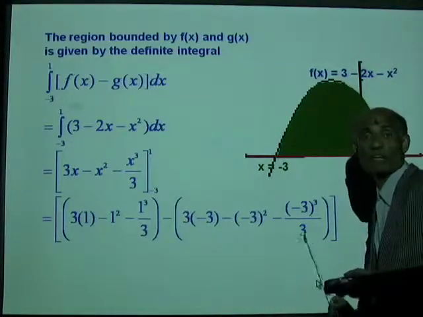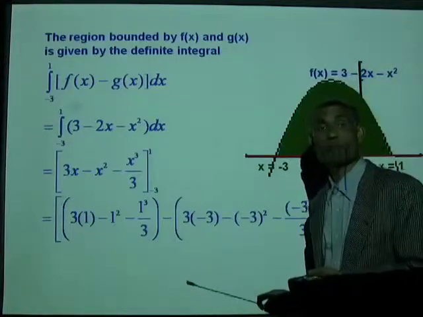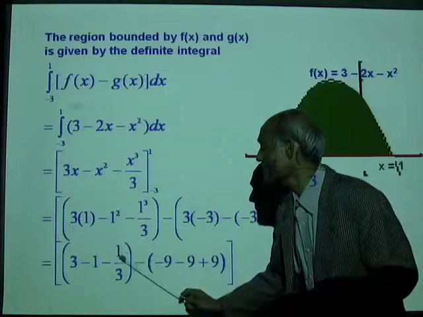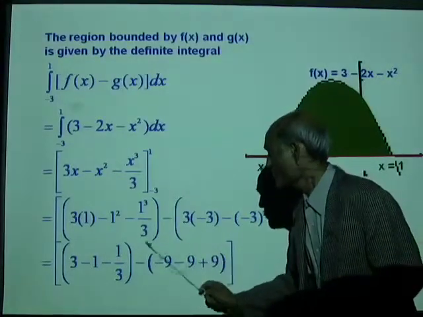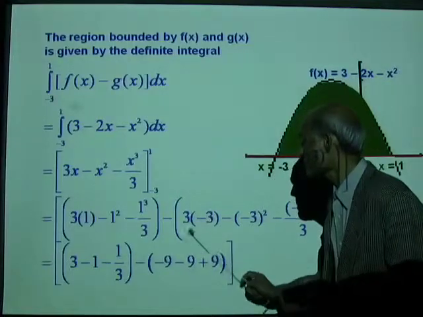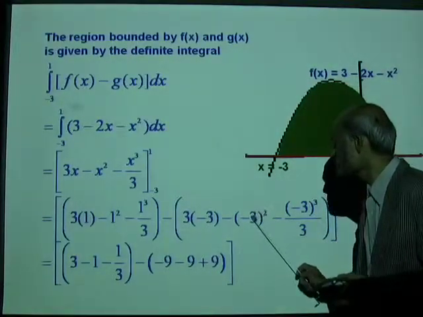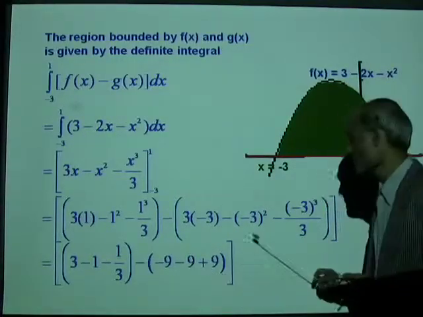That is replacing x by the lower limit, -3. Alright, let's simplify that. That will be 3 minus 1 minus 1/3 minus, that is that negative sign. 3 times -3 is -9. -3 squared is +9. With this negative sign would be -9.